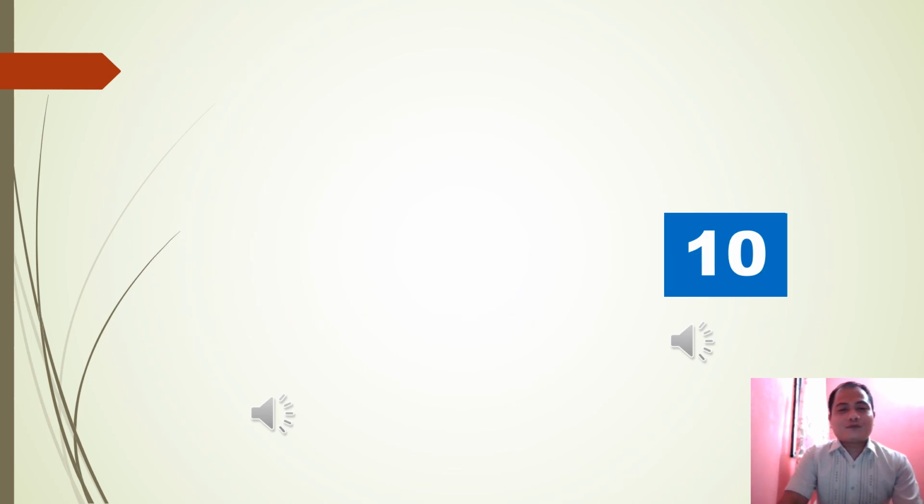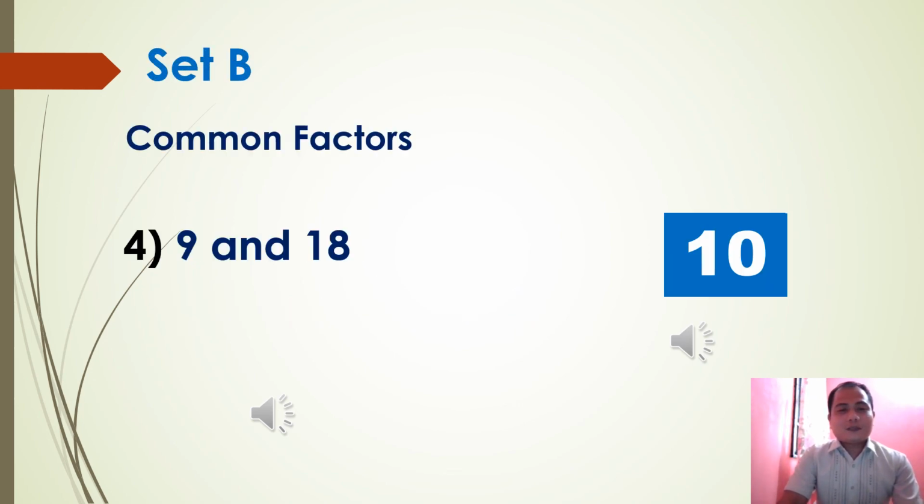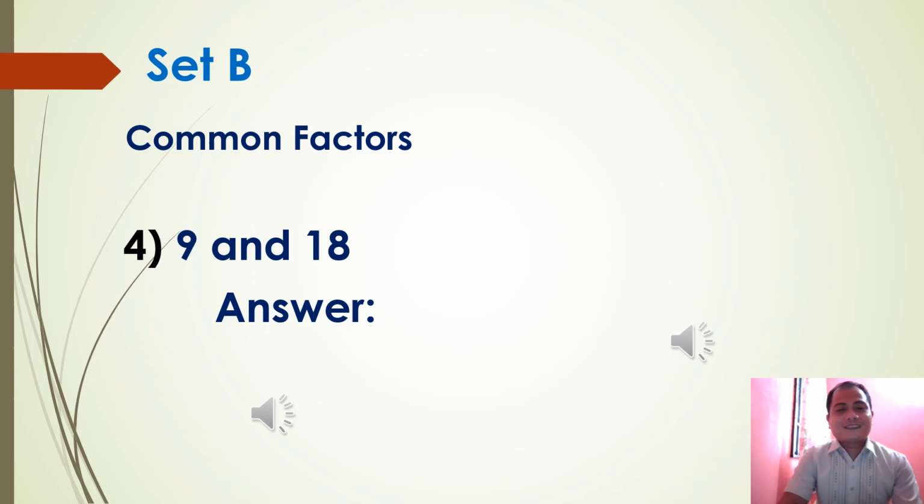Okay? Number 4. What are the common factors of 9 and 18? You have 10 seconds. Okay, time's up. The answers are 3 and 9. Very good.